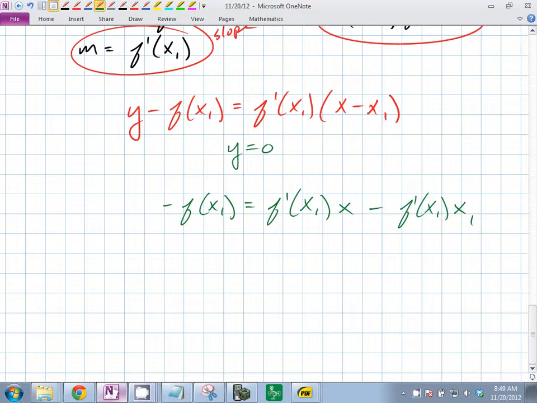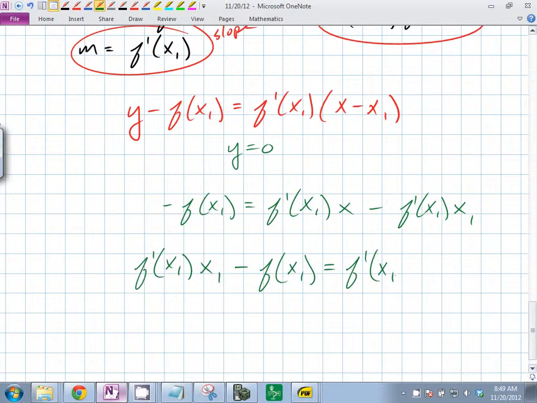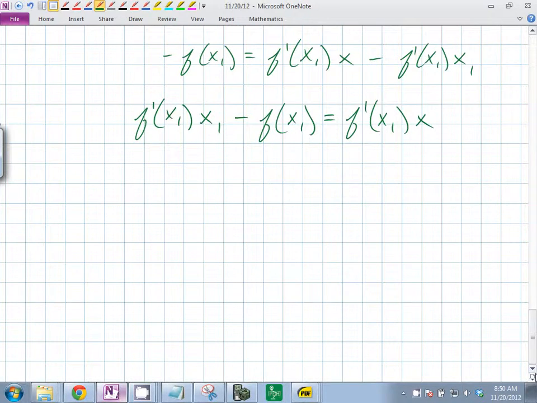We add it to both sides, right? So you end up with f prime of x1 times x equals f prime of x1 times x1 minus f of x1. Now, if we want to isolate x, what do we divide everything by?